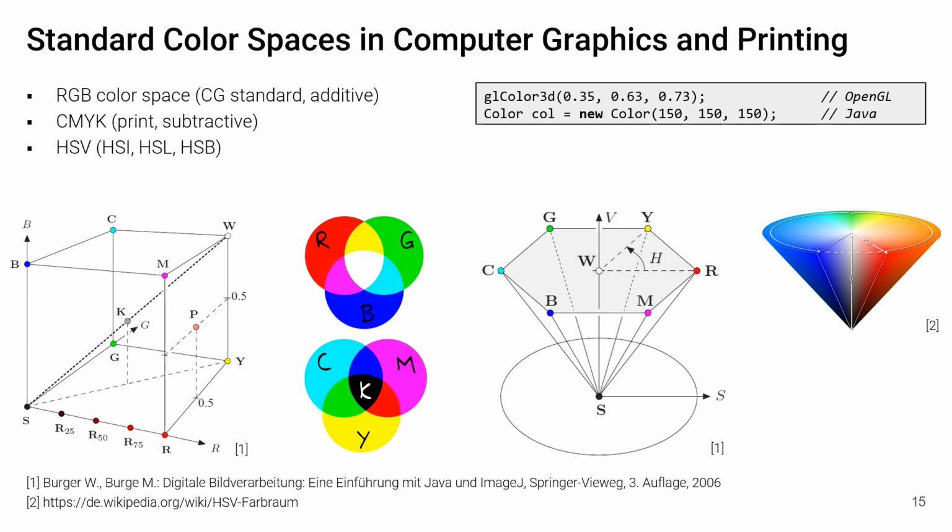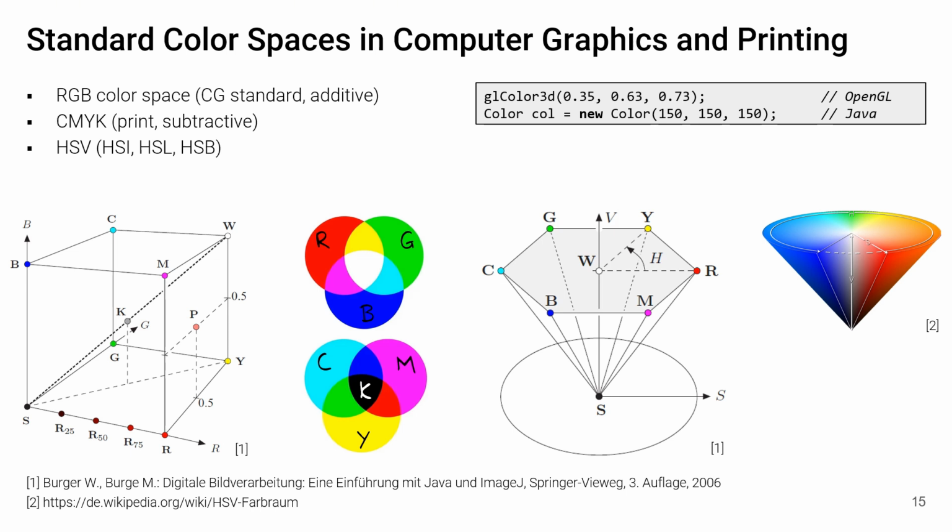The digital images that we receive via the camera are also typically coded in this color space. Additive now means that the color white results when we use the R, G, and B channels to the maximum. In OpenGL, we specify these channels in the interval from 0 to 1, and in Java, for example, between 0 and 255. In book printing, the subtractive CMYK color space is used, with the color channels cyan, magenta, and yellow.